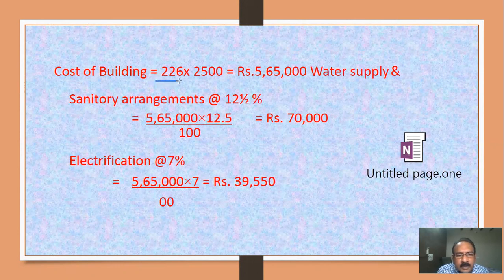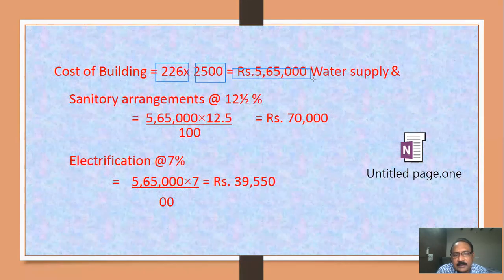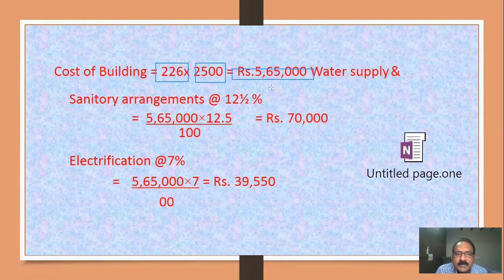Here the plinth area is 226 and the cost per square meter is 2500. If we multiply it, you get 5,65,000. This is the basic cost of the building.